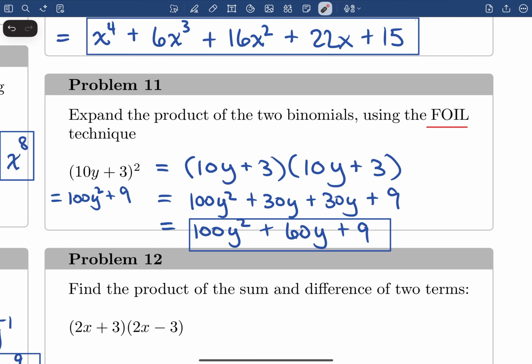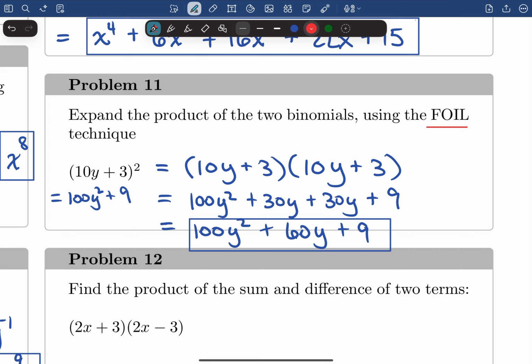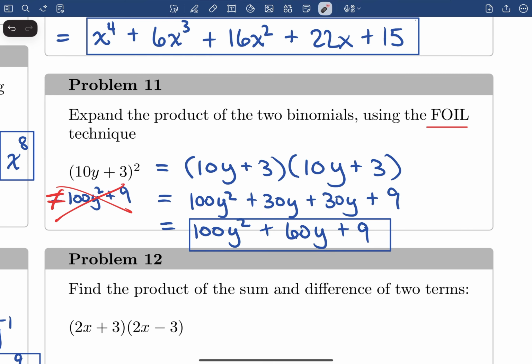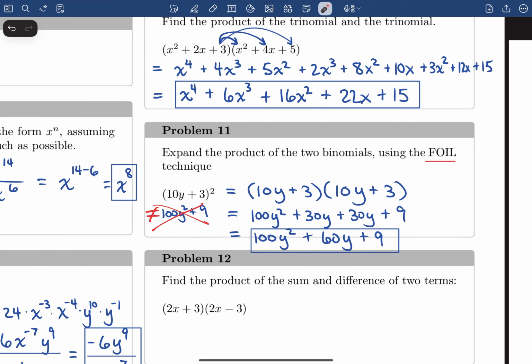And so you cannot just square 10y and square 3 to say that this is the answer. This is not true. They are not equal to each other. That's bad. Okay? What you do have to do is when you see a binomial squared, multiply the binomial by itself by FOILing, and then you will know you have the correct answer.